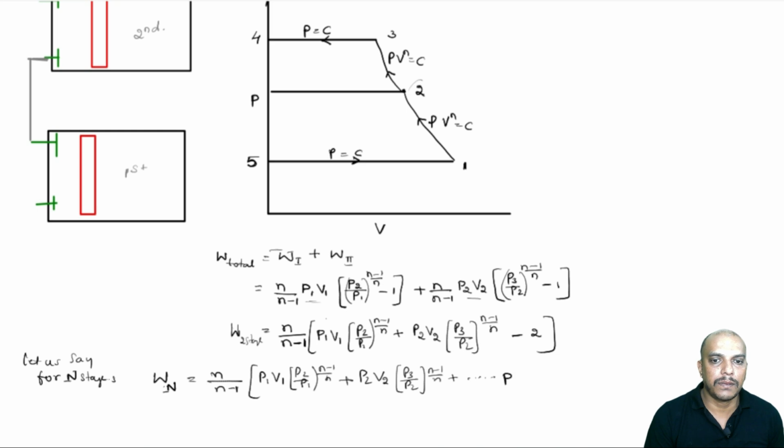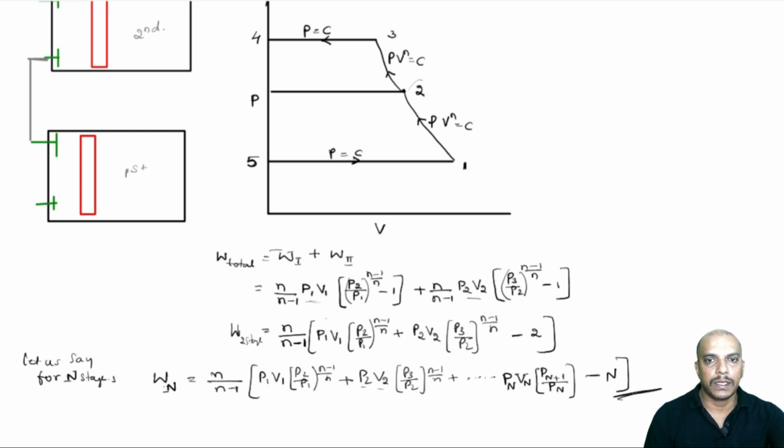Like P2 V2 is for two stage, so this will stop at the place where n stage, and P(n+1) divided by Pn, and this will be minus number of stages. So this is a general expression where you can replace this by the number of stages.